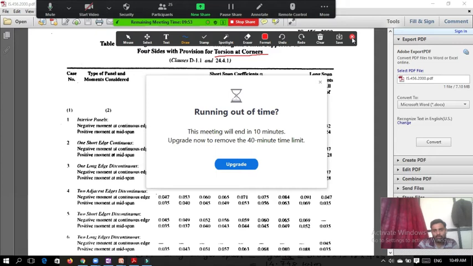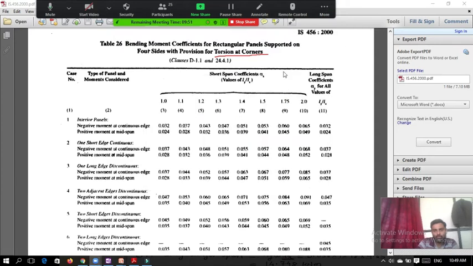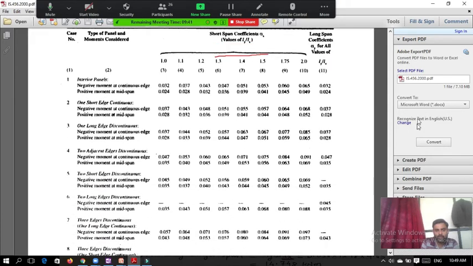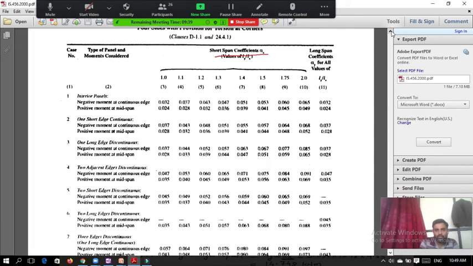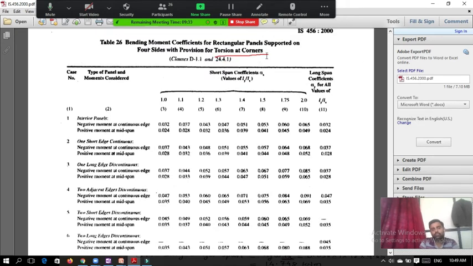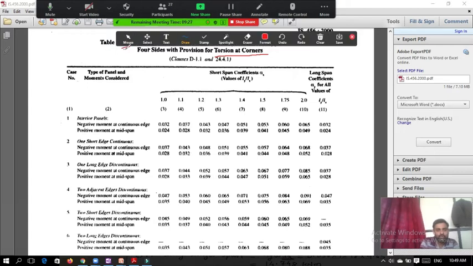That is when they tell us, then we have to use Table number 26. Now in our case, the same case is there. They told us the corners are held down. So the corners are held down means we need to provide the torsional reinforcement at the corners. So we are going to use this Table number 26 to calculate the bending moment coefficients.